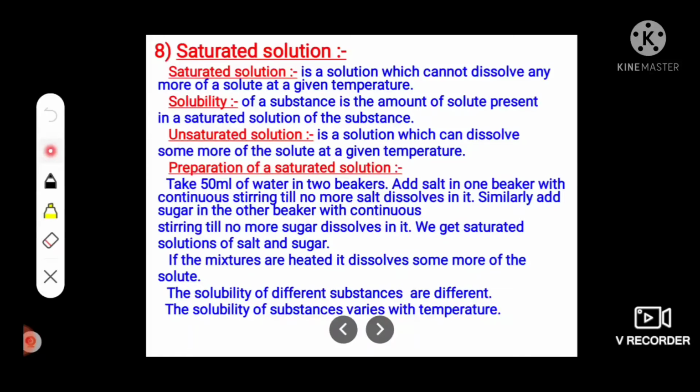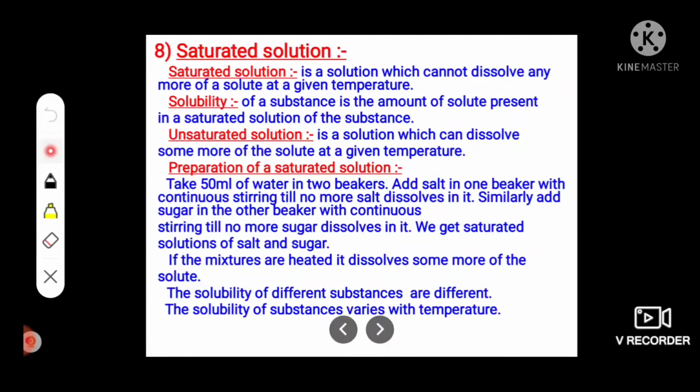For example, the preparation of a saturated solution. For that, take 50 ml of water in 2 beakers. Add salt in 1 beaker with continuous stirring till no more salt dissolves in it. Similarly, add sugar in the other beaker with continuous stirring till no more sugar dissolves in it. We get saturated solutions of salt and sugar. If we add more sugar and salt, it cannot dissolve in water.